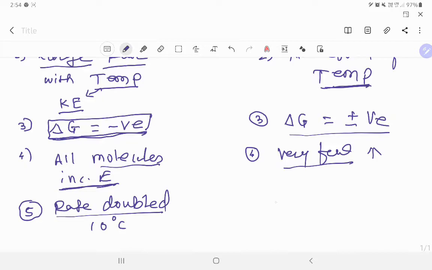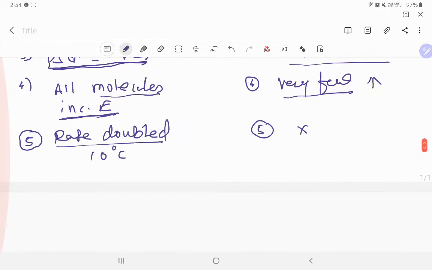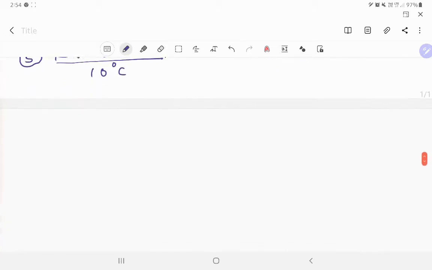While in case of photochemical reaction, there is no such effect of change in temperature, or a very small effect. This is the difference between photochemical reaction and thermal reaction. Now, before starting actual photochemistry or photochemical reaction, we must know some laws of photochemistry.